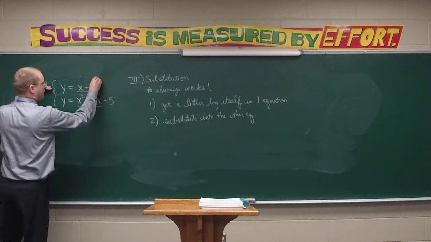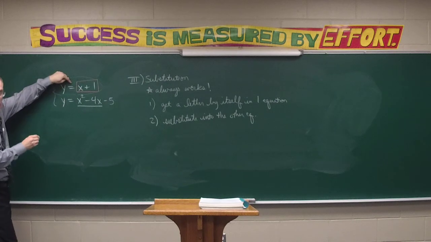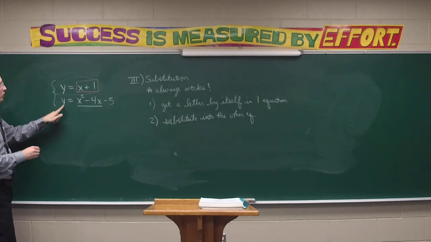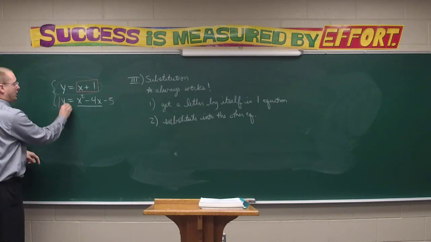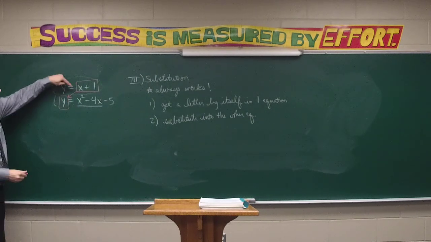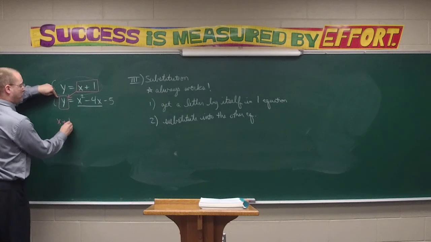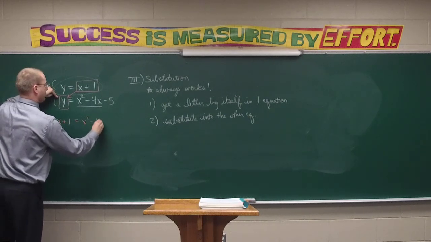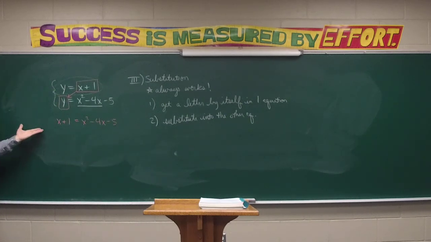It's x plus 1. That's what y equals. Well, right here, I see a y. You know what that y is? It's x plus 1. So I'm going to substitute, instead of a y right here, it's going to say x plus 1 equals x squared minus 4x minus 5. Do you see what we did with the substitution? Took what one thing was equal to and put it there, and moved on with life.